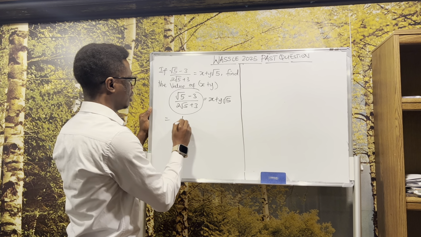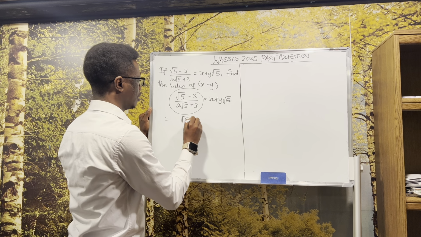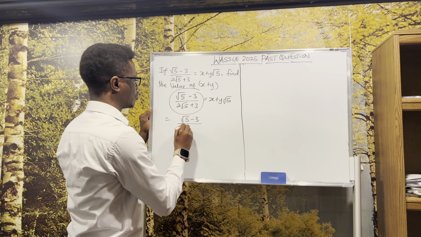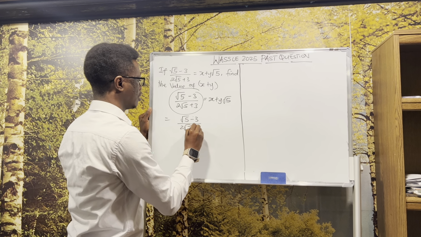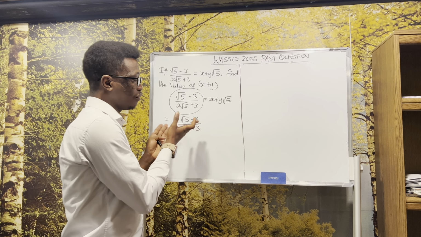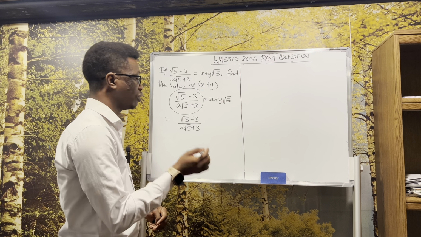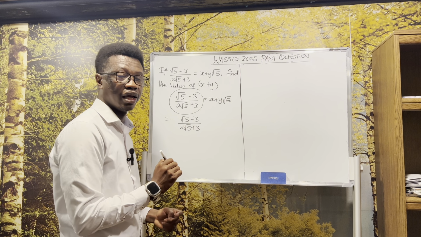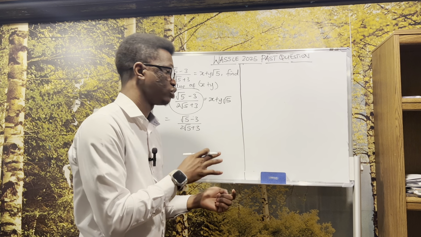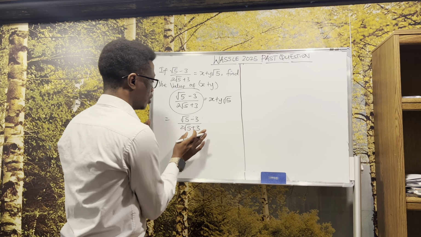So this is (root 5 minus 3) divided by (2 root 5 plus 3). If we want to simplify this one, what we always do is first find the conjugate of the denominator. This is the numerator, this is the denominator.